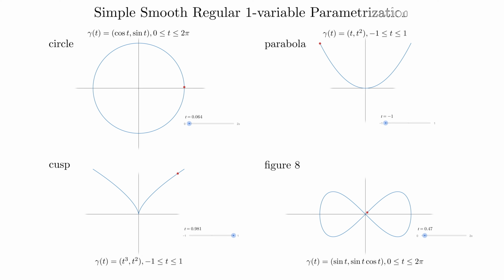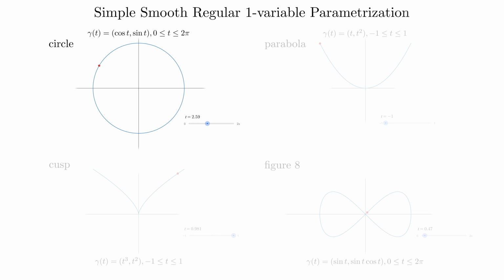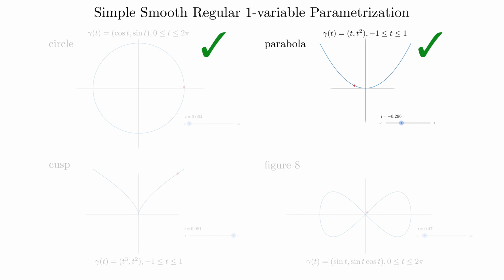Okay, round 3. Which of our 4 examples are smooth, regular, and simple? For the circle, the ant never visits the same spot twice, except the start and finish. So this parameterization is also simple. The ant on the parabola never visits the same spot twice, anywhere. Simple. The cusp is already not regular, but let's see if it is simple.